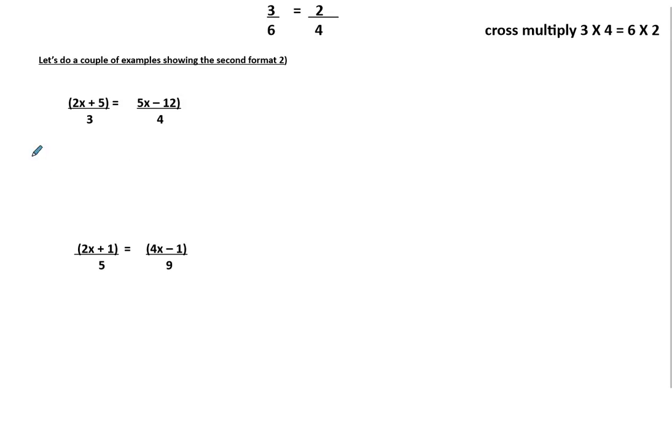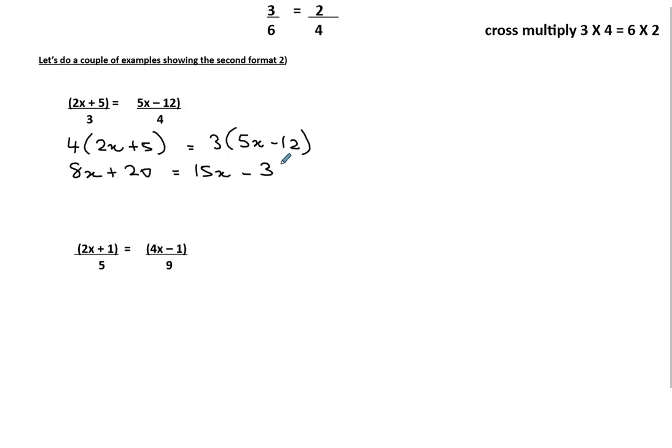So now we cross multiply. So we go 4 times 2x plus 5 equals 3 times 5x minus 12. We've got rid of the denominator, and then expanding it, you've got 8x plus 20 equals 15x minus 36.